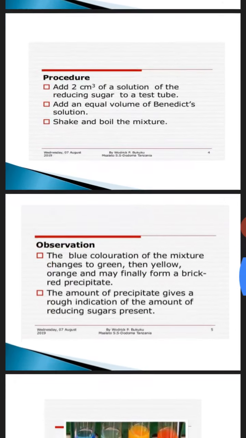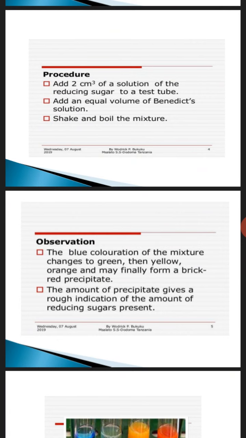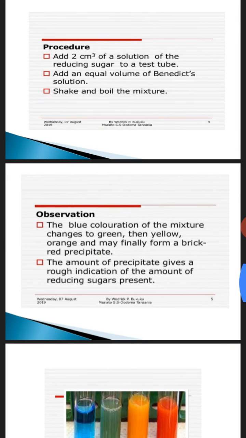What happens? In the observation, you will see the blue color of the mixture changes to green, then yellow, orange and finally forms a brick red precipitate. The amount of precipitate gives a rough indication of the amount of reducing sugar present.